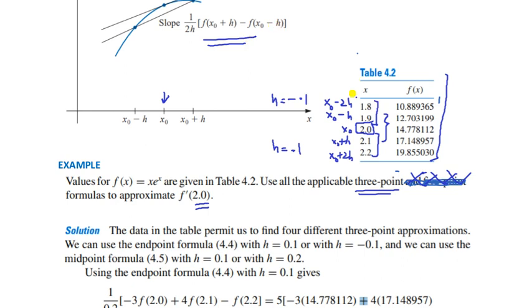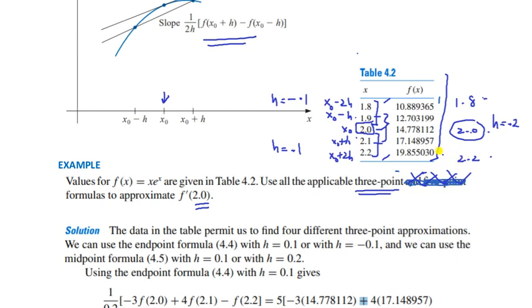So see, with 0.1 I will get 1.9, 2.0, 2.1. I can use another midpoint formula, which is if I use just 1.8, 2.0 and 2.2. If I use first one, middle one and the last one, you see, this again uses 3 points. 2 is in the middle, but here h is 0.2, not 0.1. If I use h 0.1, I will use 1.9, 2.0, 2.1. But with h 0.2, I will use 1.8, 2.0 and 2.2.